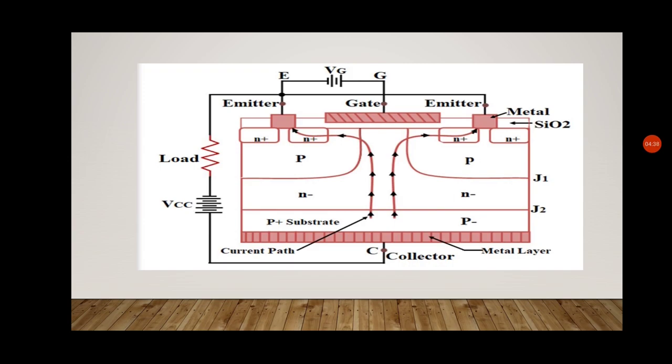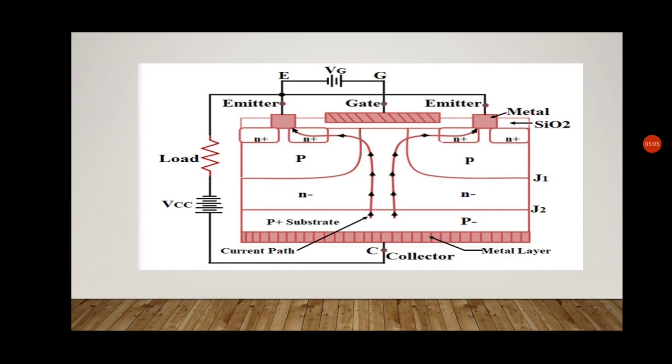The junction between the P plus layer and the N negative layer is called the junction J1, and the junction between the N negative layer and the P layer is called the junction J2.